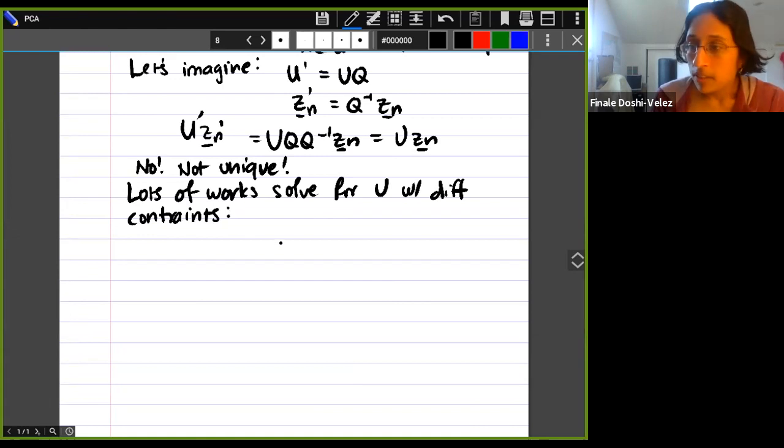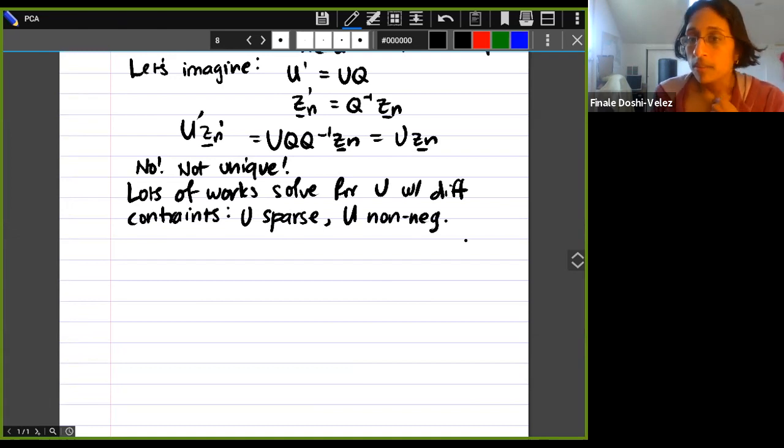An example of a constraint would be that we want U to be sparse. Another example is that we want U to be non-negative. For example, if we believe that the bases should all add to each other, in the medical setting this is often a constraint we use, because we believe that whenever you have a sickness, it causes you to interact more with the healthcare system.